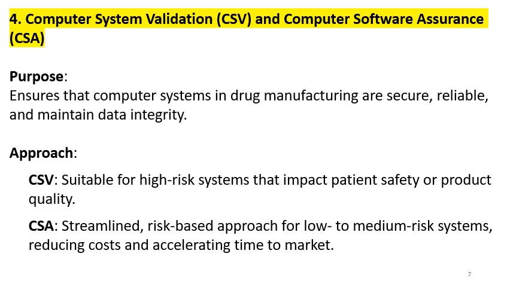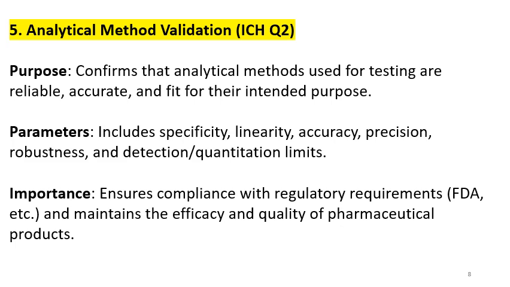CSV, computer system validation, is suitable for high risk systems that impact patient safety or product quality. CSA, computer software assurance, is a streamlined risk based approach for low to medium risk systems, reducing cost and accelerating time to market.